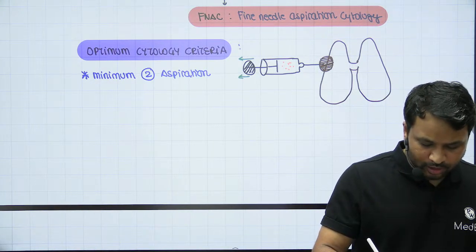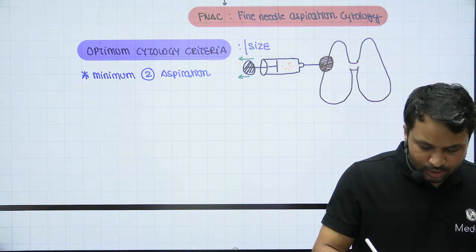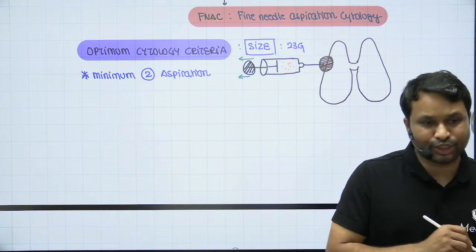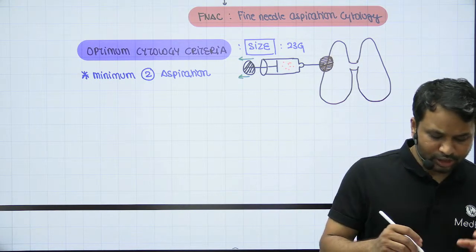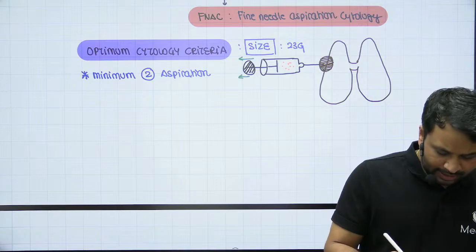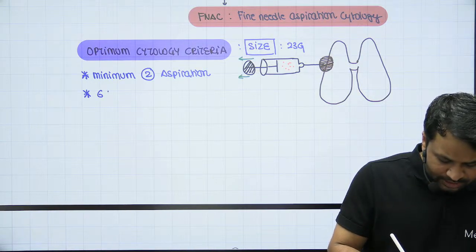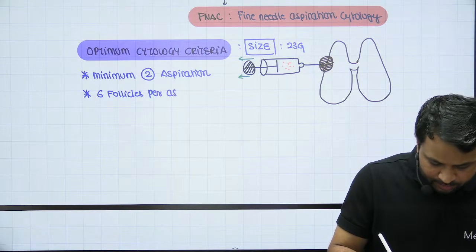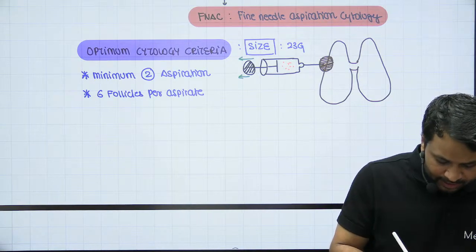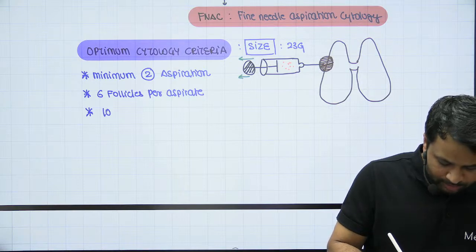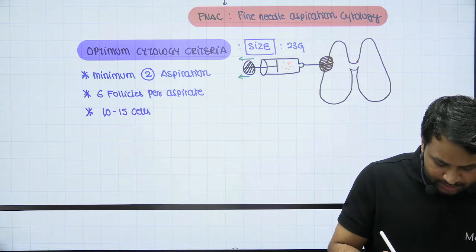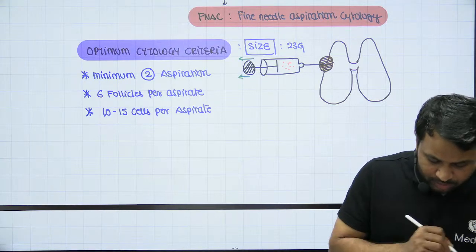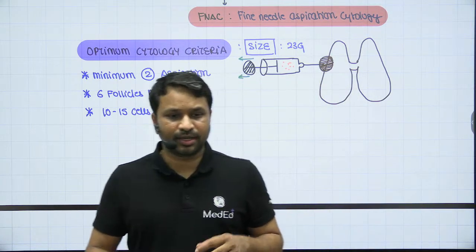For an optimum cytology, so that you get the best result and cause less pain, it is going to be a 23 gauge needle. So minimum you require 2 aspirates, and in each aspirate there should be a minimum of 6 follicles, and when you look at the follicles, there should be a minimum of 10 to 15 cells per aspirate.